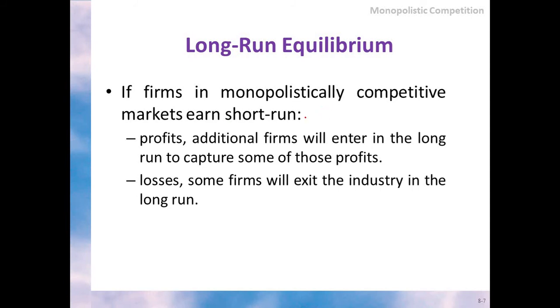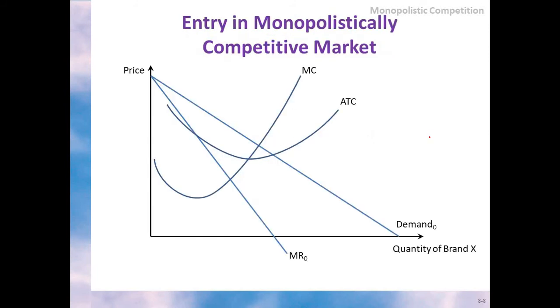They don't have barriers like monopoly. So in the long run, if the industry is making positive profit, then more firms will enter the industry to capture some of this profit. If there are losses, the firms will exit, just like perfect competition.